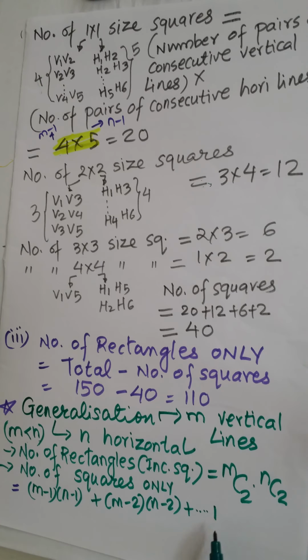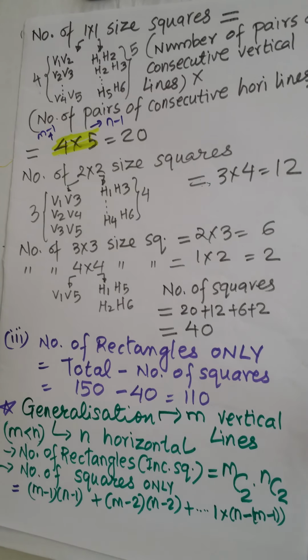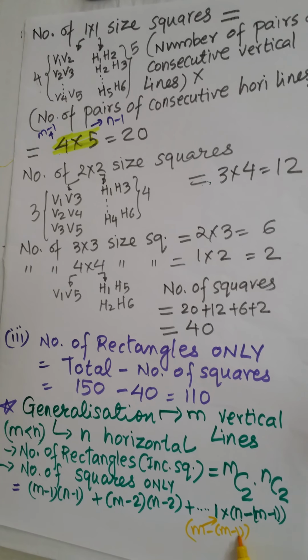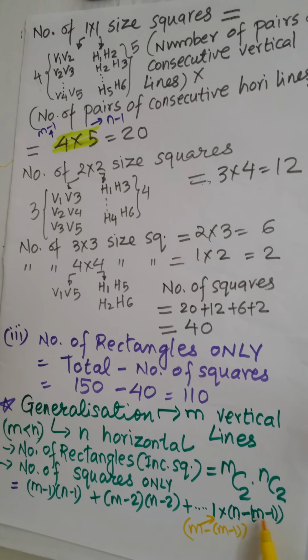So here what will we write? 1 multiplied by n minus m minus 1, because how did we get 1? It was basically m minus (m minus 1) only. So therefore here also n minus m minus 1. So this is the last term.